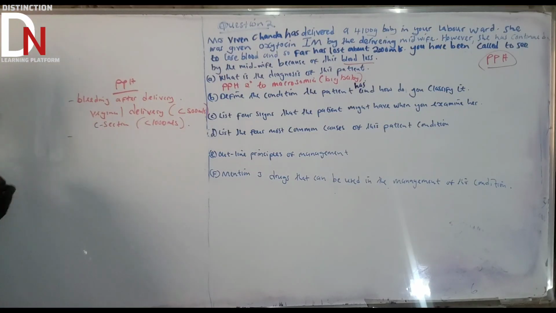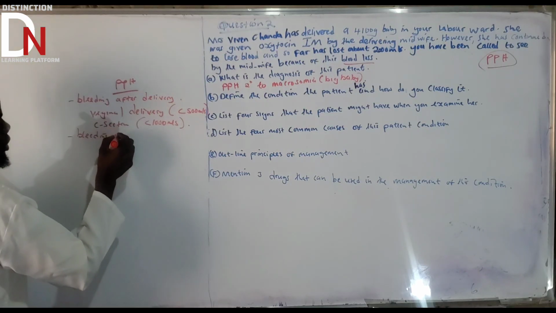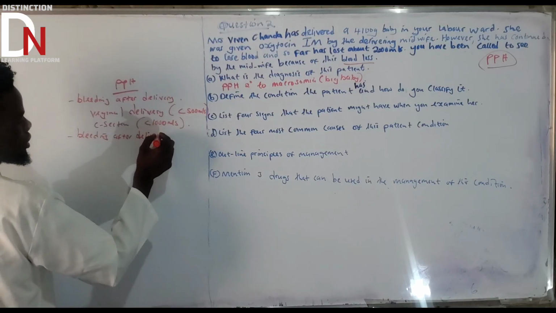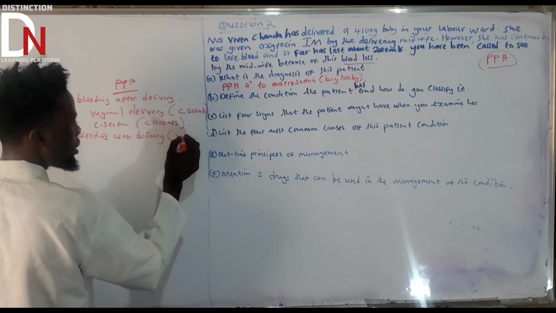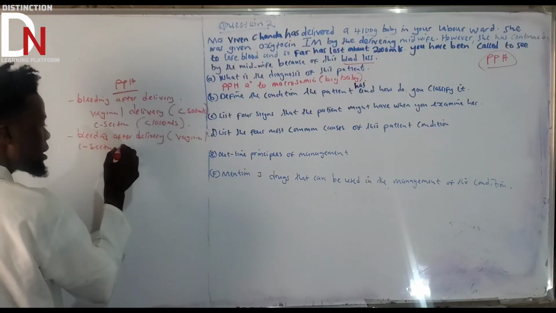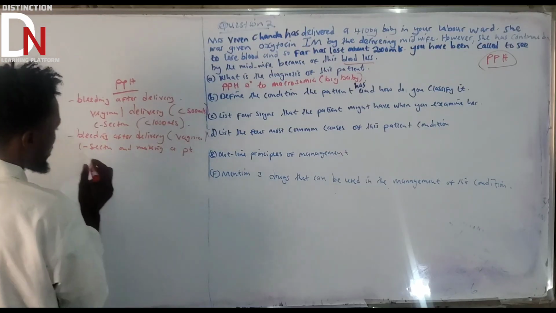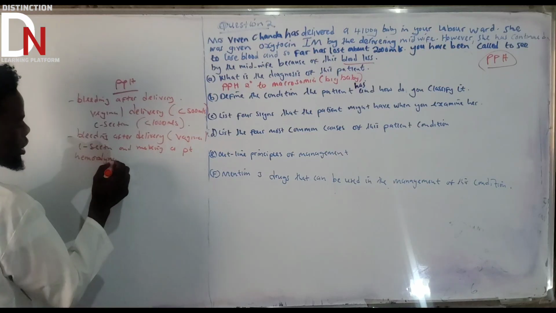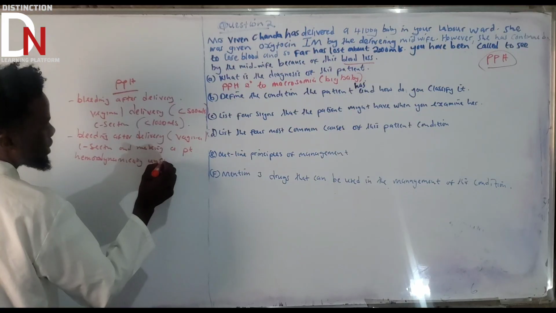Then another one, the other one that is really important. You say bleeding after delivery, either vaginal or C-section, and making a patient hemodynamically unstable.